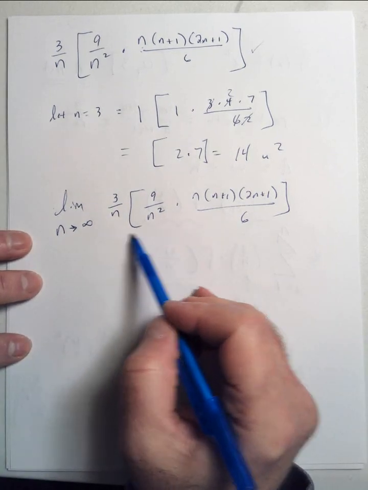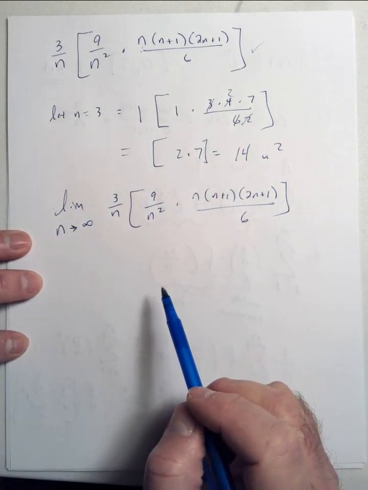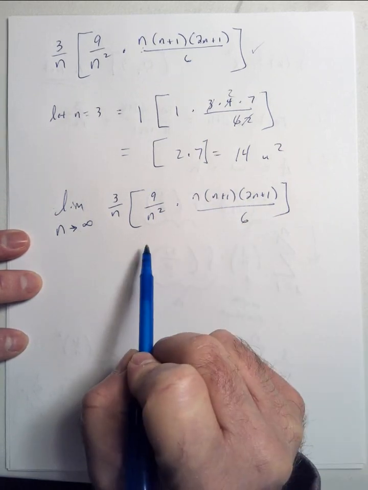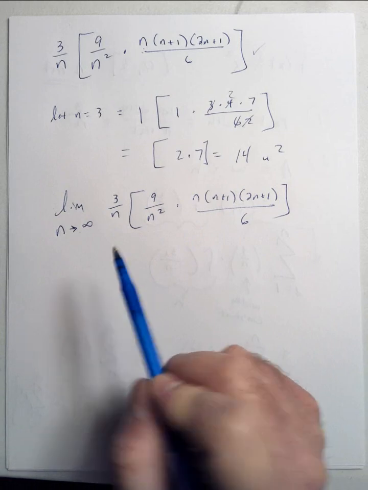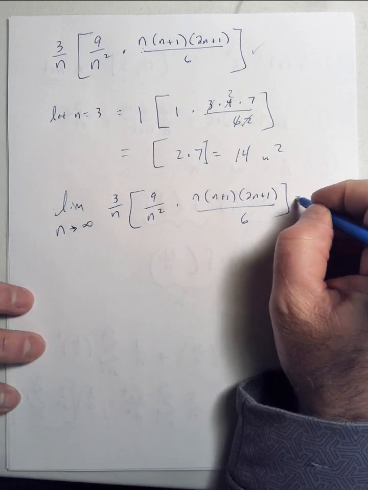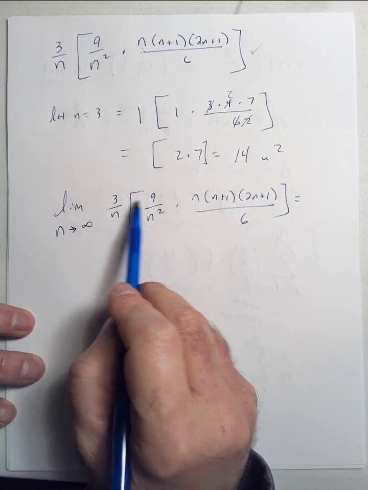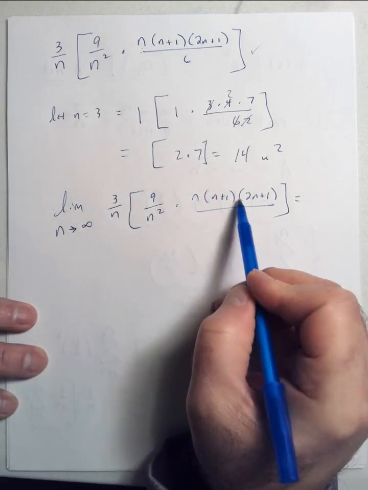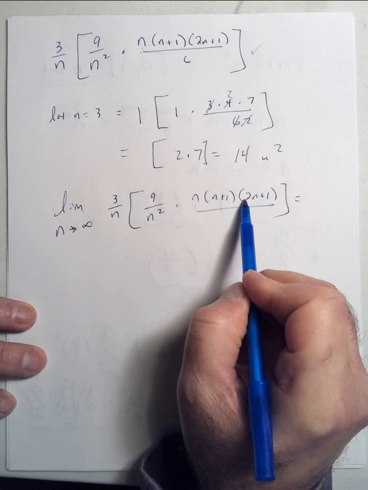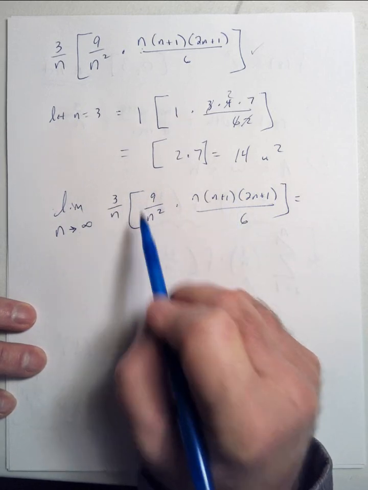So remember, this now just becomes the same kind of problem that you did in 12.4. We have n cubed on top, we have n cubed on the bottom. So what are we looking for when the degrees are equal? The leading coefficients. So be careful here now. You have 27, and you also have this too, right? You got to multiply all the numbers that are in front of the variables or the constants out front.